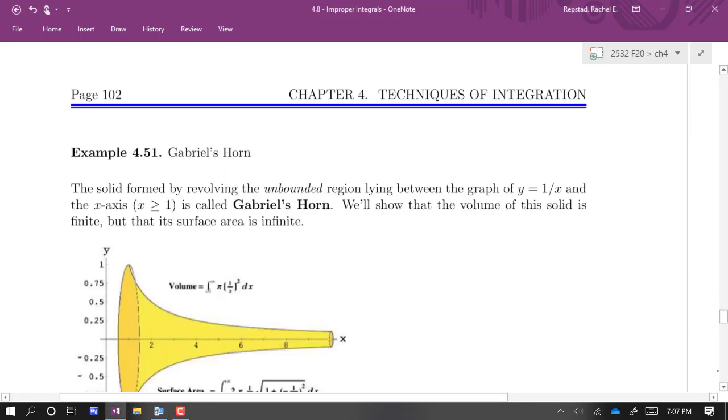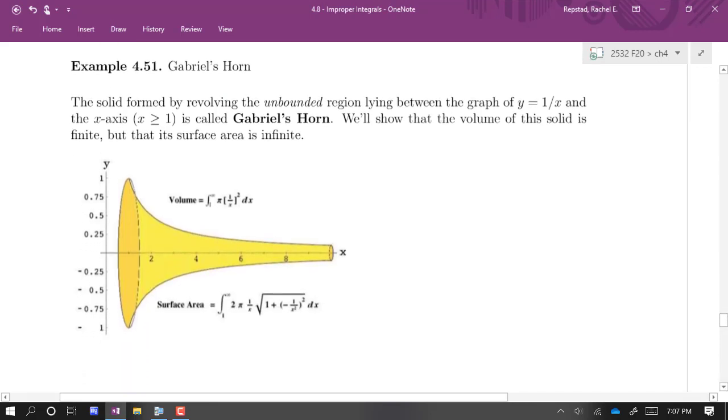All right, we're going to finish this section with one last, kind of biggish example, but it's a good one. We're going to look at this figure which we call Gabriel's horn. So Gabriel's horn is formed by taking the region that's bounded by the function y equals 1 over x, right?